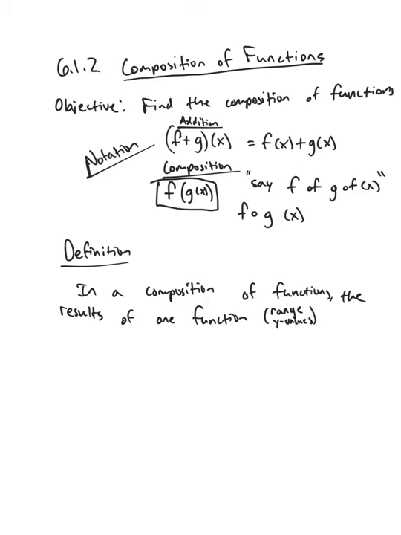Okay, the results of one function are used to evaluate a second function. So they're used to find the range of the next one. Okay? We take these outputs and make them inputs, okay?